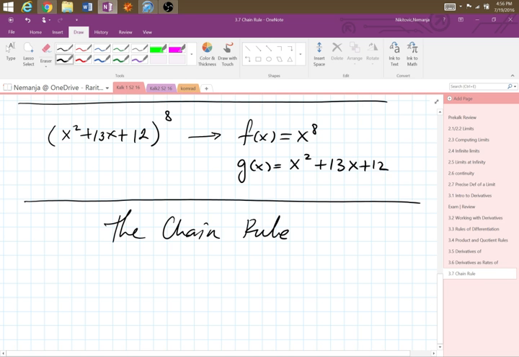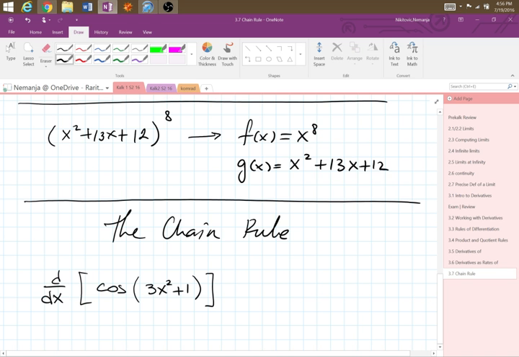I really like the name chain rule, very appropriate for what happens, because the chain, the links, can go on for as long as you need. So we are addressing how to find the derivative of, let's say, cosine of 3x squared plus 1.